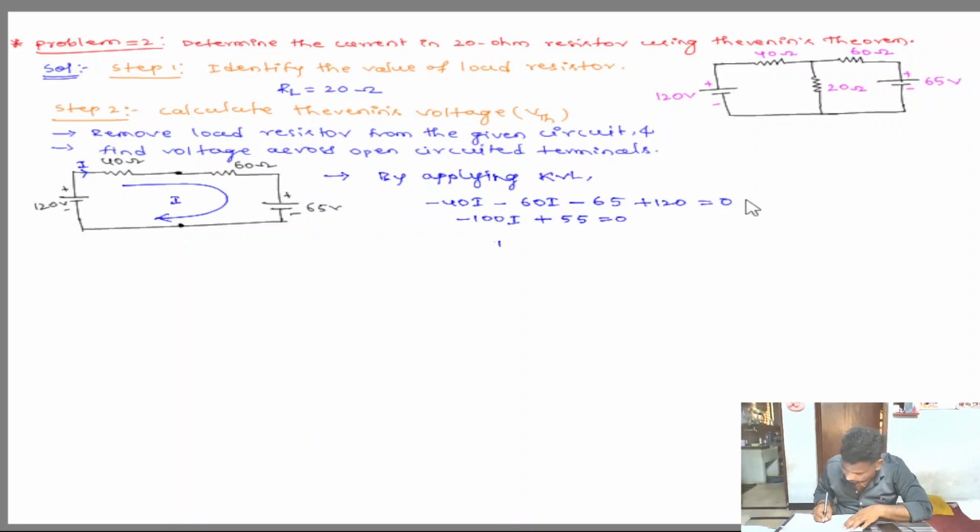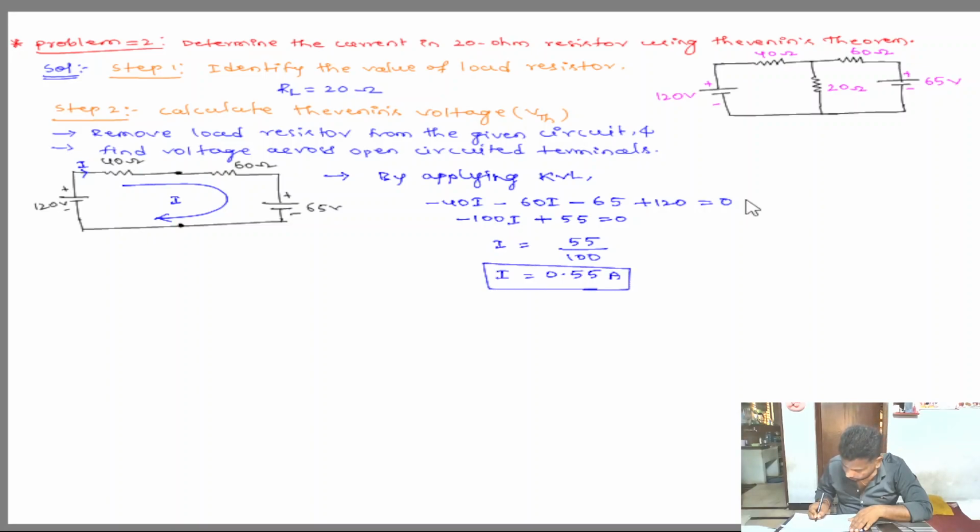From this, I is equal to 55 by 100, that is equal to 0.55 amperes.